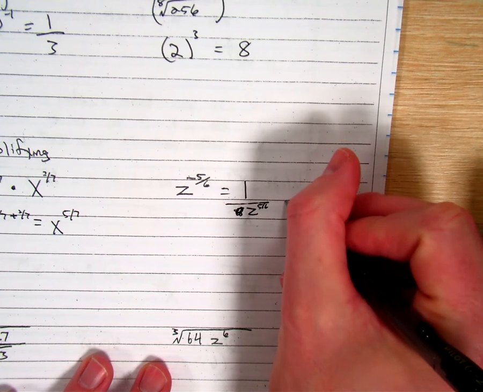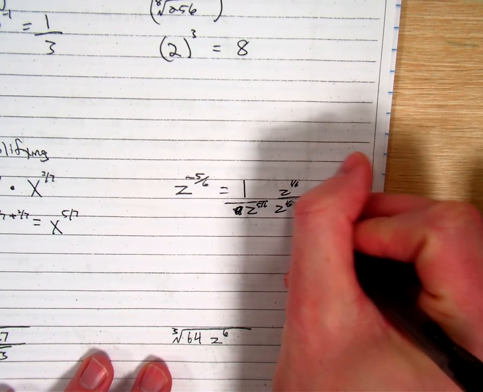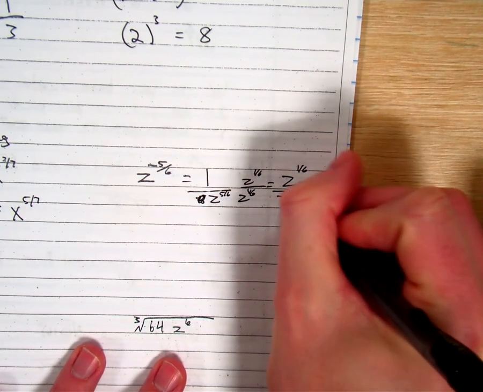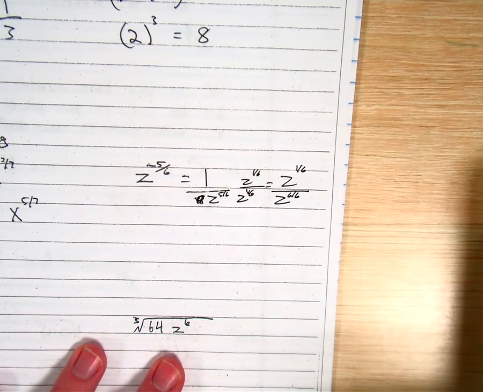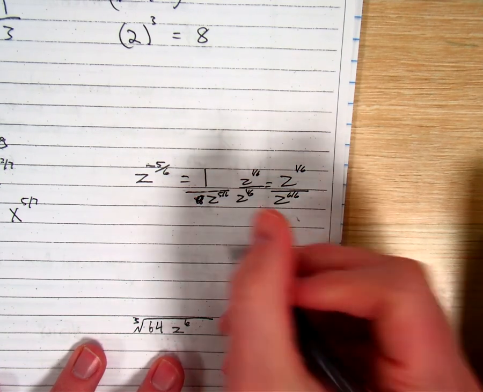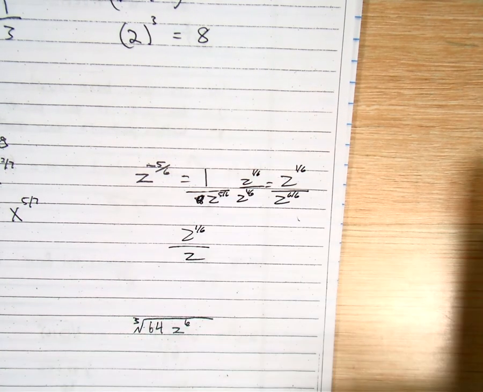So I need one more sixth. Z to the 1/6 on top, z to the 1/6 on the bottom. And z to the 6/6 is just going to be z to the 1st.